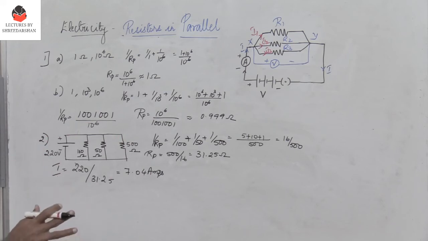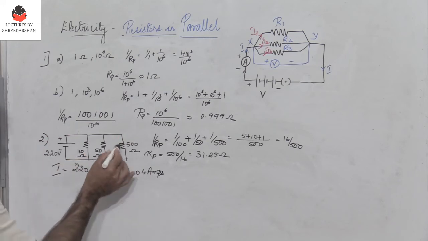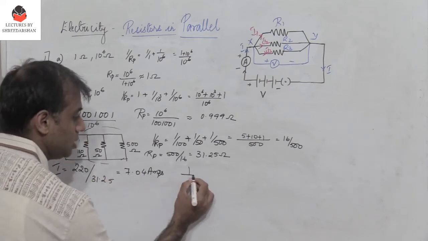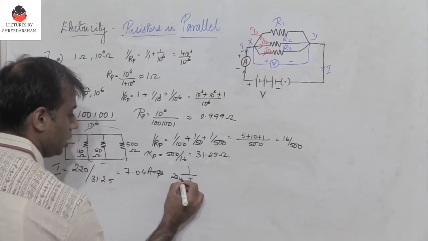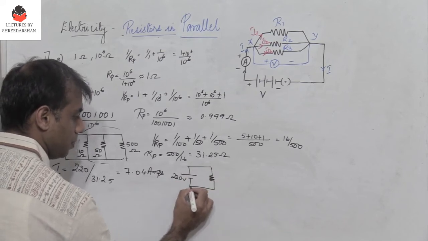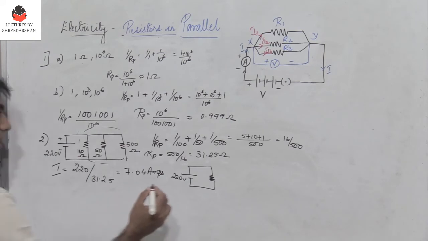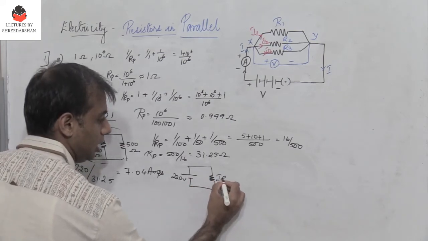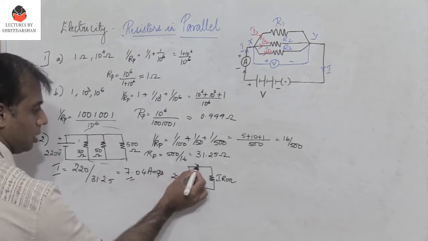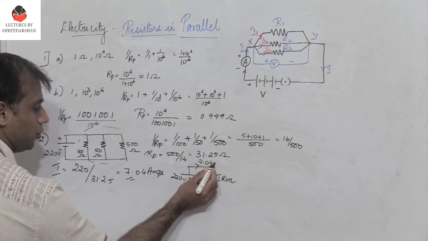So now, instead of these three devices, what are we doing? We are removing these three devices and connecting 220 volts to a single device. And what is that device? That device is an electric iron. And the question states that it draws the same current, which is 7.04 amperes.